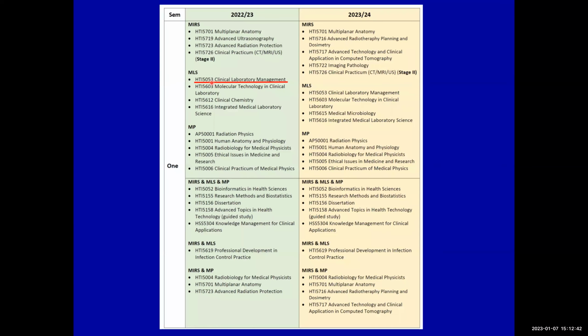Just for example, and I highlight here, we also have new subjects. For example, clinical laboratory management is also a recognized MLS subject. Now we offer it, and we have lecturers from clinical labs to teach this. And one example, the core subject clinical chemistry. You see, we offer it this year in semester 1.